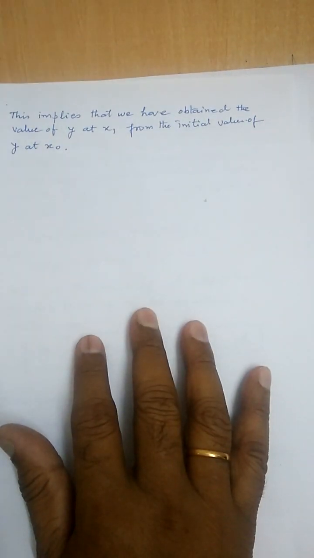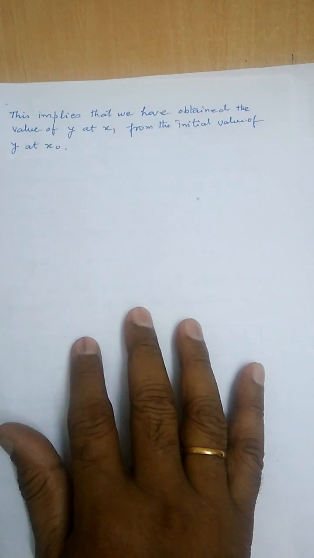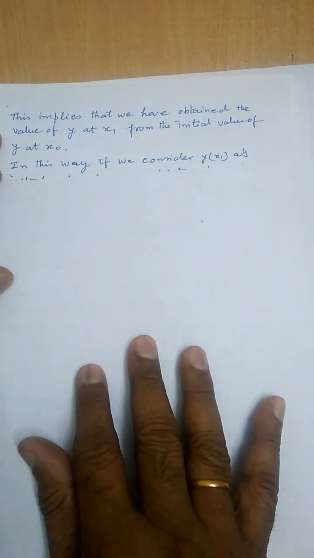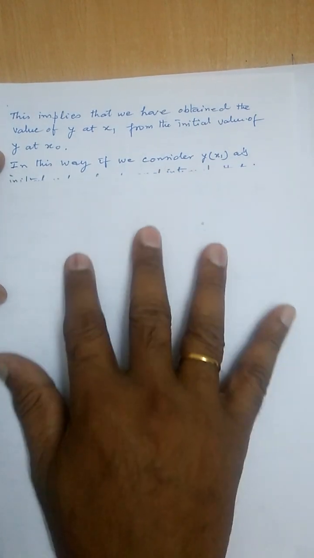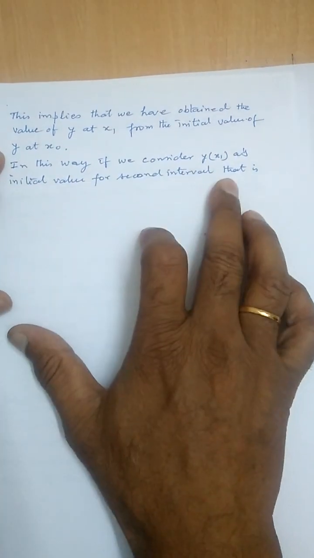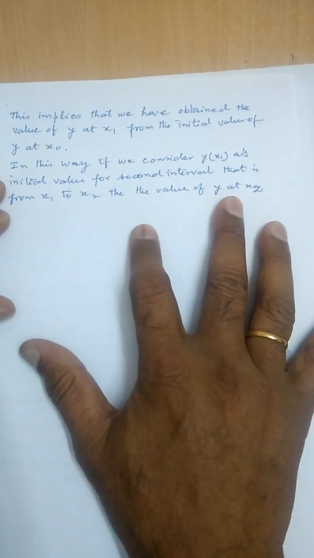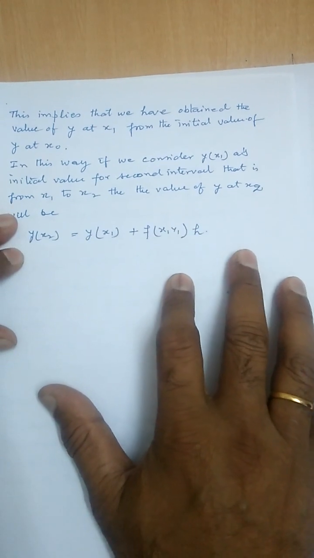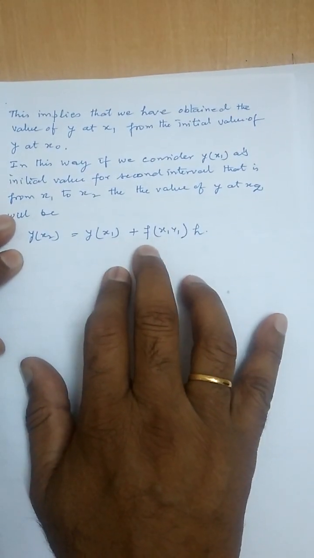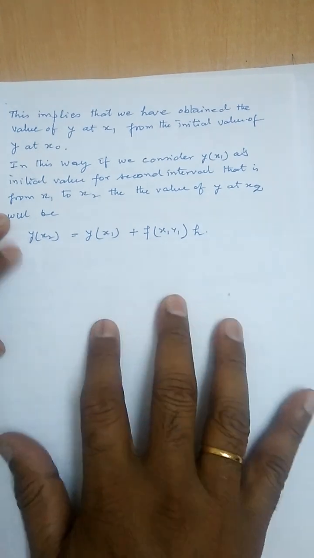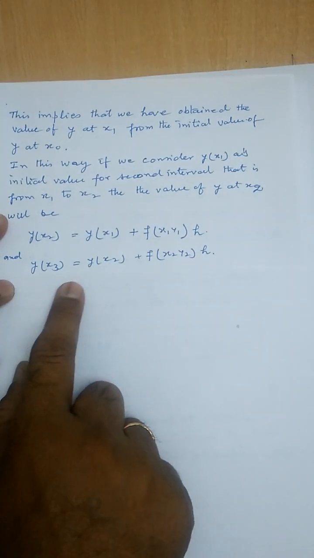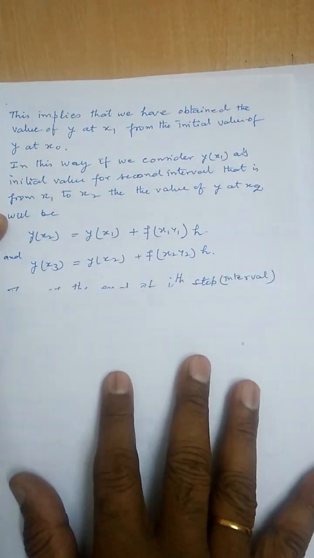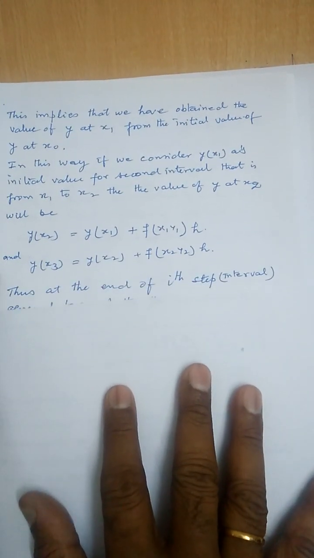This implies that we have obtained the value of y at x1 from the initial value of y at x0. In this way, if we consider y(x1) as the initial value for the second interval, that is from x1 to x2, the value of y at x2 will be y(x2) equals y(x1) plus f(x1, y1) h, and y(x3) is equal to y(x2) plus f(x2, y2) into h.